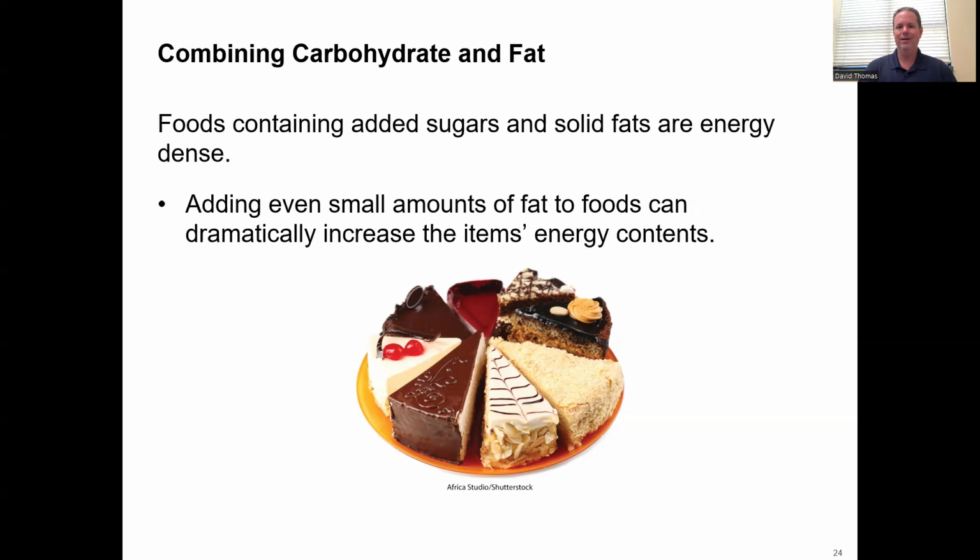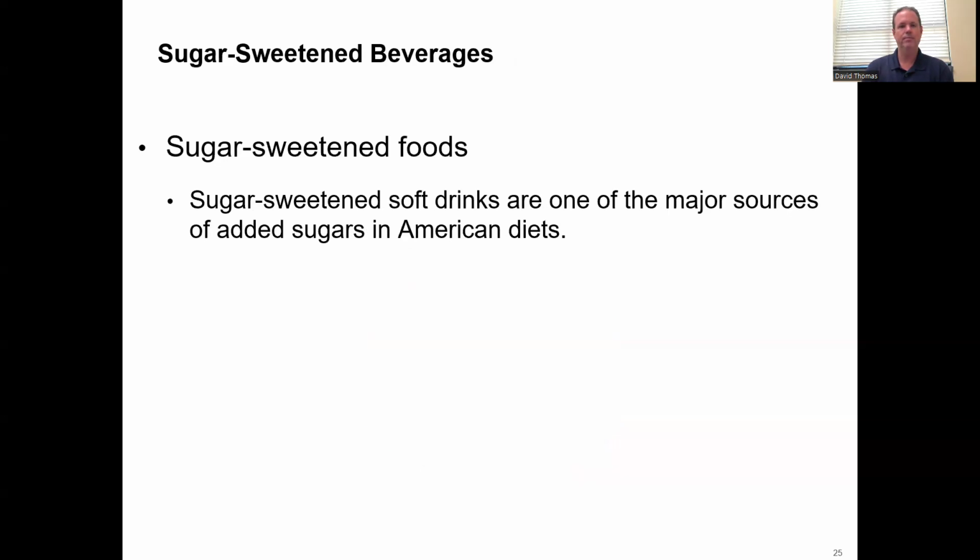But just remember, if your metabolism is not burning the energy, or if you're not able to burn off that energy, it's going to be stored as fats. And as we mentioned already, sugar-sweetened foods, especially sugar-sweetened soft drinks, are a big source of added sugars in our diet.